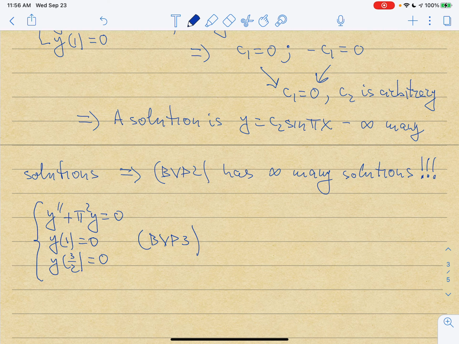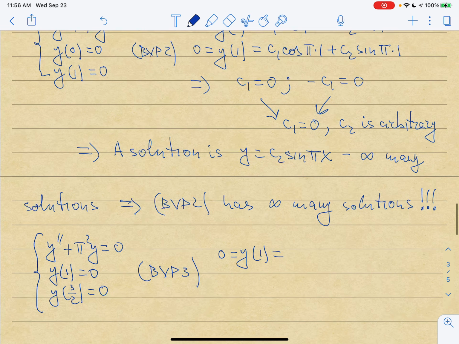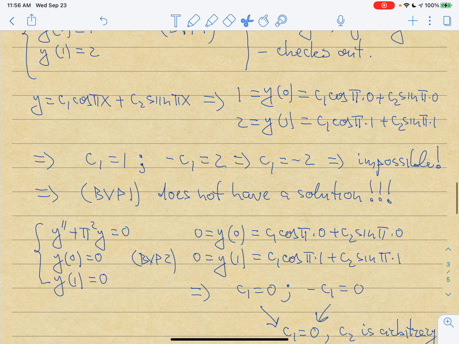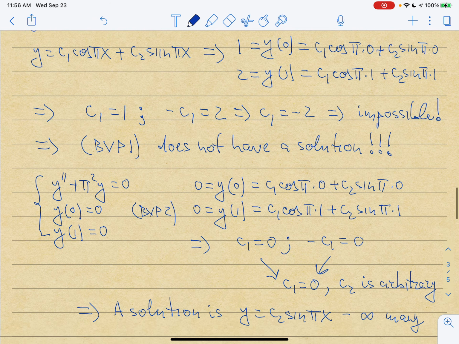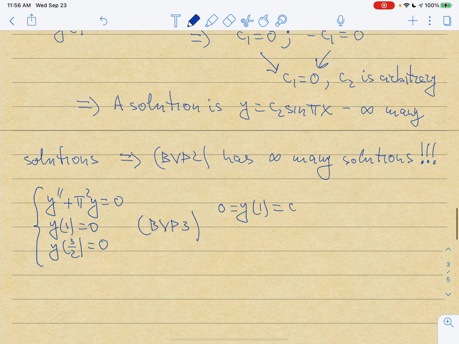And again, I have to follow exactly the same strategy. So y of 1 on one hand is 0. On the other hand, referring back to the same formula for y of x, it is c1 cosine pi times 0 plus c2 sine pi times 0.